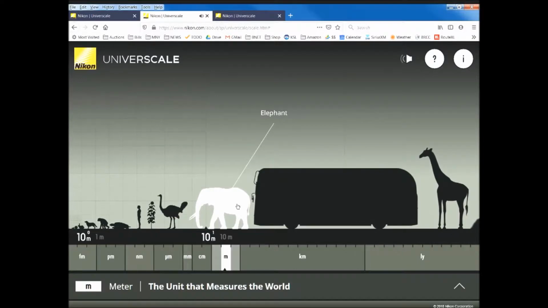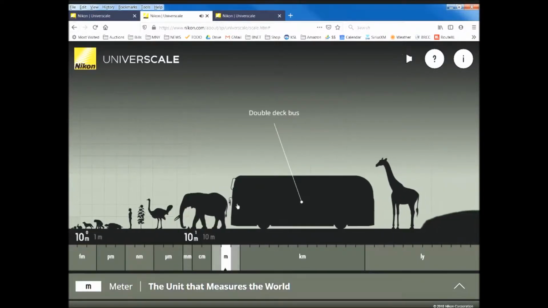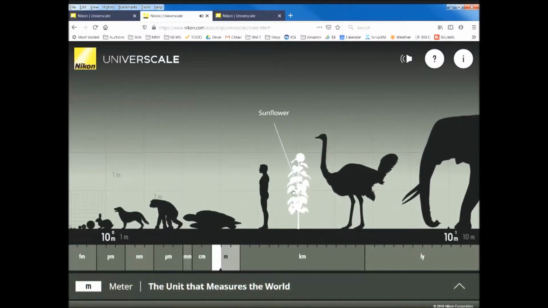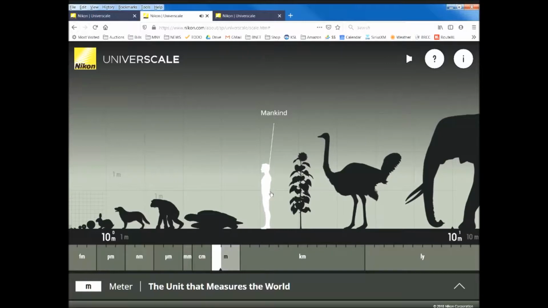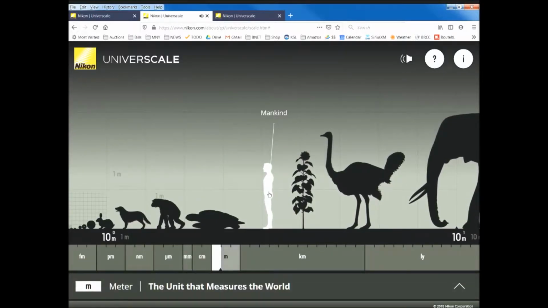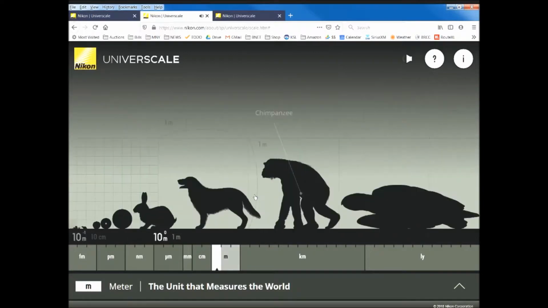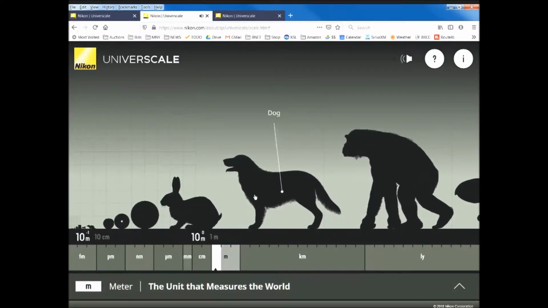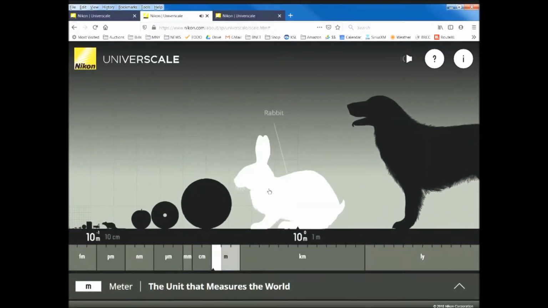Here's an elephant. We're getting smaller. Sunflower, a human, which is maybe 1.5 meters. Okay, zoom in. Here's a dog, maybe about half a meter. A little bunny.